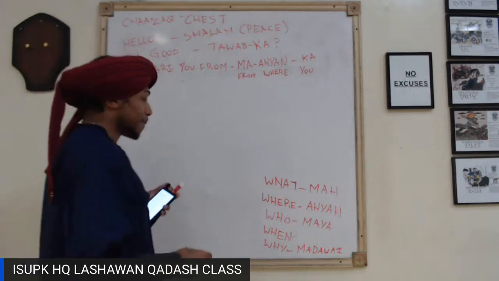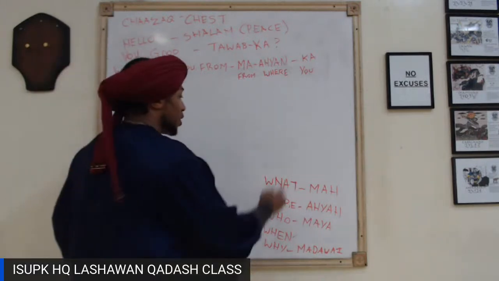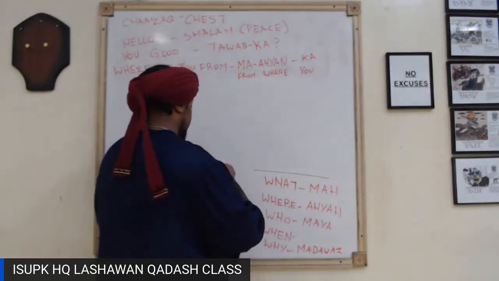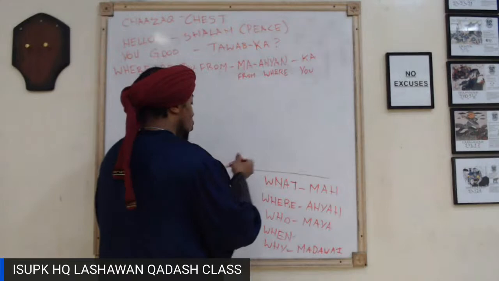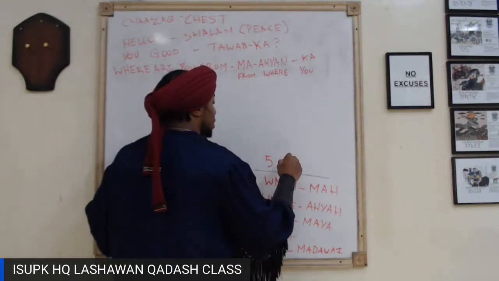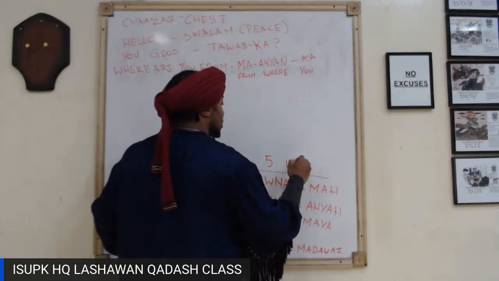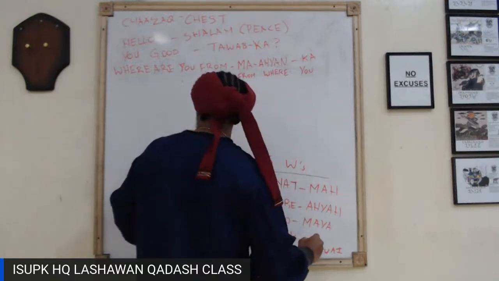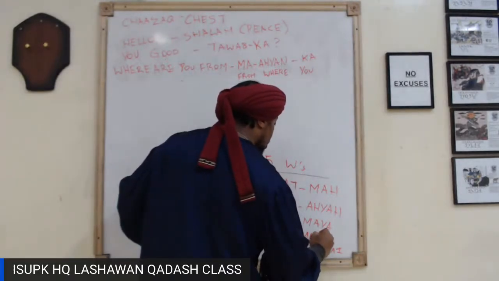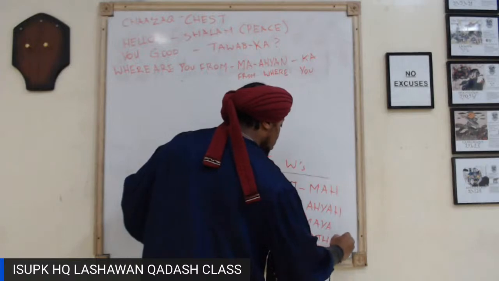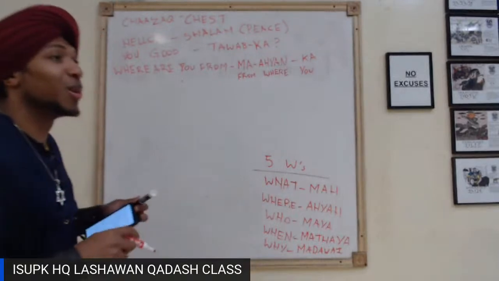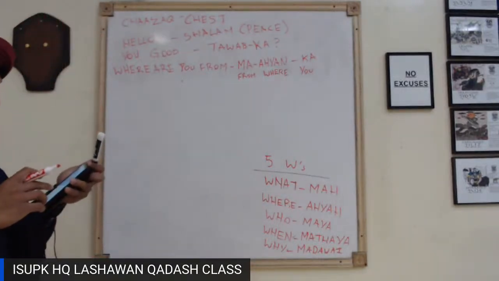That's what they put the W's together. Okay. So this will be the 5 W's. So who, what, where, when, why. All right? When it says here, when is masaya.